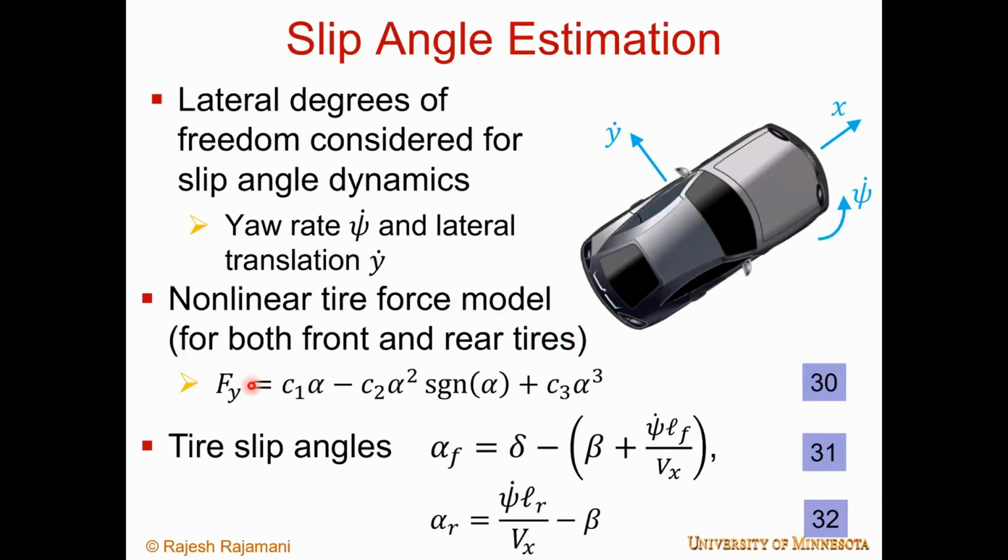The lateral force is a nonlinear function of the slip angle at the tire. You can define the slip angles at the front tire and at the rear tire in terms of psi dot and beta, where beta is the slip angle of the vehicle and delta is the steering angle.